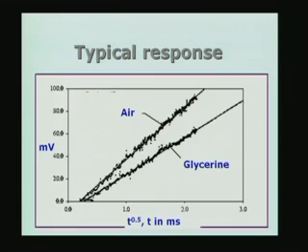Therefore, if you plot the temperature of the surface as a function of square root of time, you are going to get a linear relationship, and you can see that the linear relationship is more or less obtained, excepting probably at very small times there may be some problem. There is also some noise in this particular measurement, but the response is very closely a square root of time response.